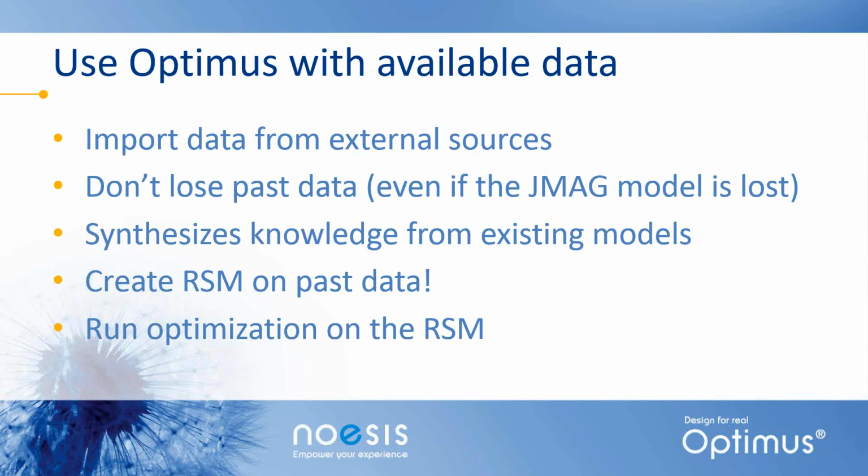All of the past data that you've had for the many years that you've been using JMAG is not lost. In fact, we're able to synthesize knowledge from all of the existing models that you have. You can do this by creating response surface models on that past data, and you can even conduct optimizations on that model.